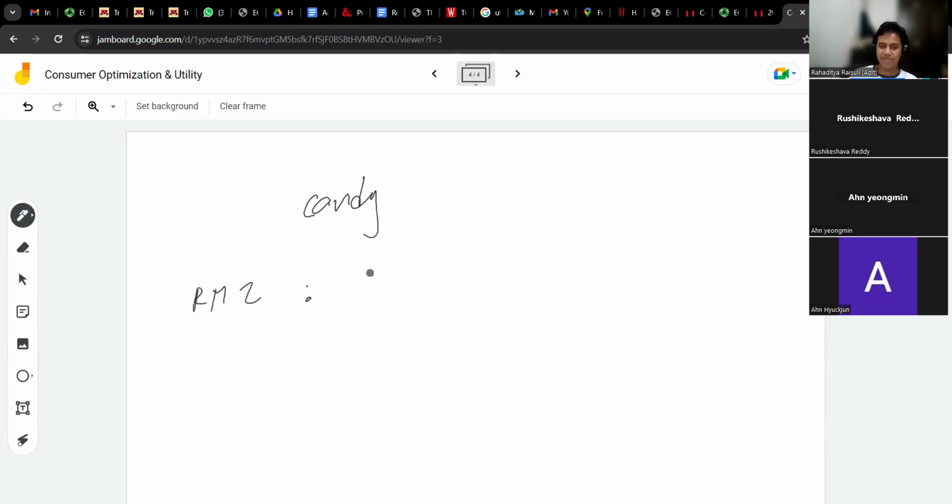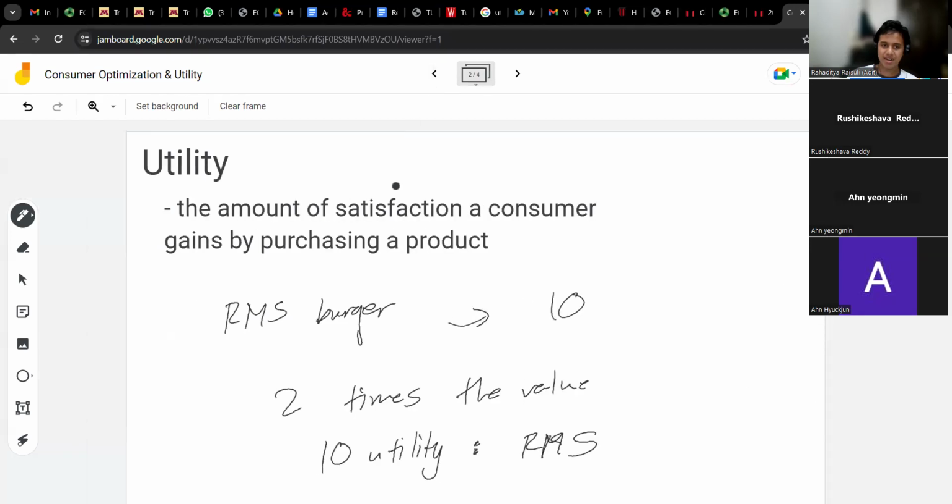But you can still say it's worth it because the utility is the same as the price of the chocolate. So chocolate is 2 ringgit, then you can say the chocolate was 2 utility. But if you think your chocolate is really nice, like I find this chocolate really delicious, then maybe you'll perceive it as 6 utility. Maybe it's worth more than the price, in your opinion. So utility is just a measure of satisfaction, the amount of satisfaction a consumer gains by purchasing a product.